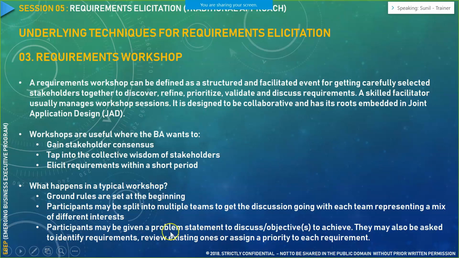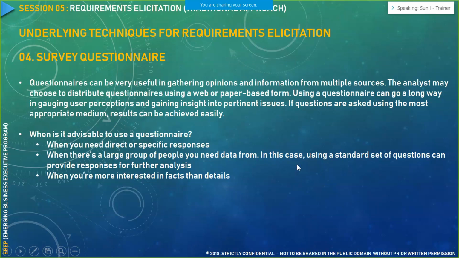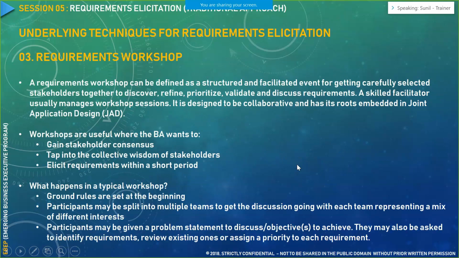Then everyone has to be given a problem statement to discuss, and what is their outcome or feedback around that particular problem statement. This is something you do most often, probably twice or thrice a week, the JAD sessions, and they are very popular in the software industry, which gives you a fair chance of getting your requirements approved or walked through by them.